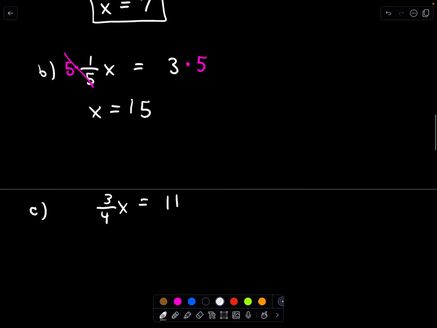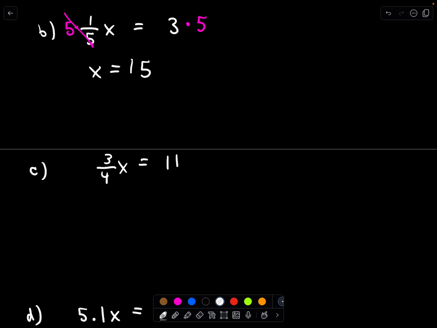So let's apply that same principle to part C. Again, I could divide both sides by 3/4, or equivalently, to get rid of that coefficient in front of x, since I'm multiplying by 3/4, what would I have to multiply both sides of this equation by so that I'm just left with x at the end?